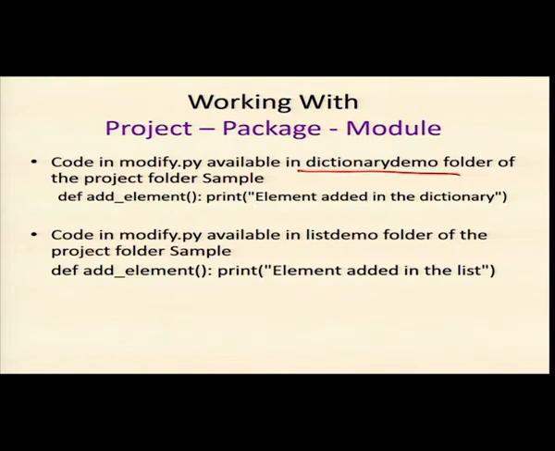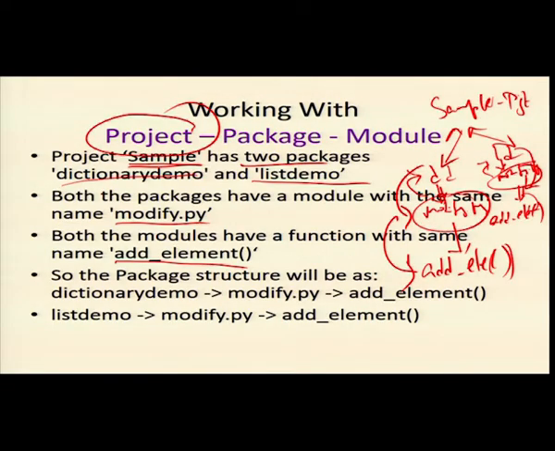So, for the project folder sample, we are going to define add element, print elements are added in the dictionary. So, under the function, in my previous slide, we have seen add element over here and add element over there.